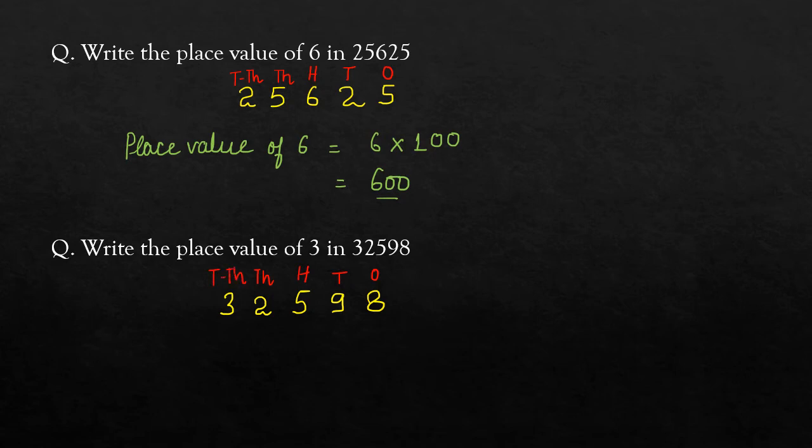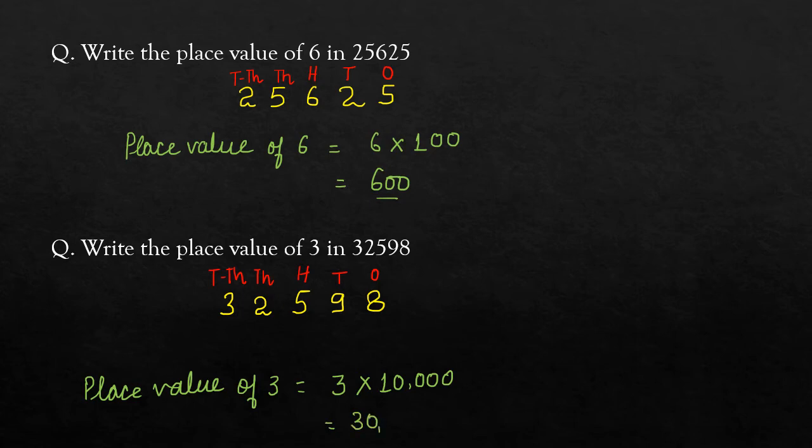So you can see from here 3 is at 10,000 place. So place value of 3 is 3 multiplied by 10,000, which is equal to 30,000.